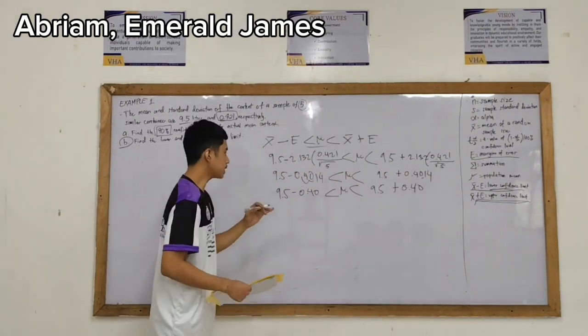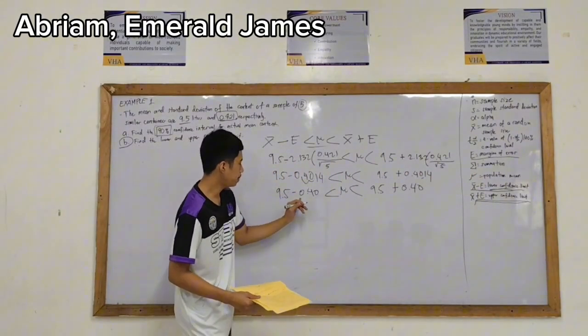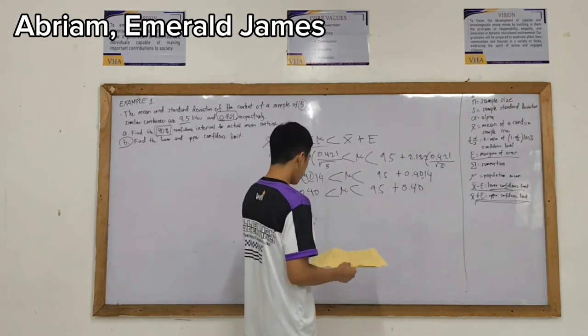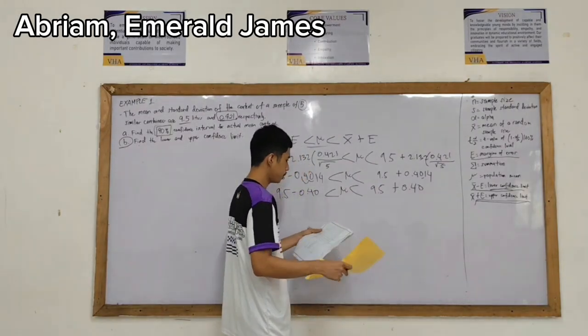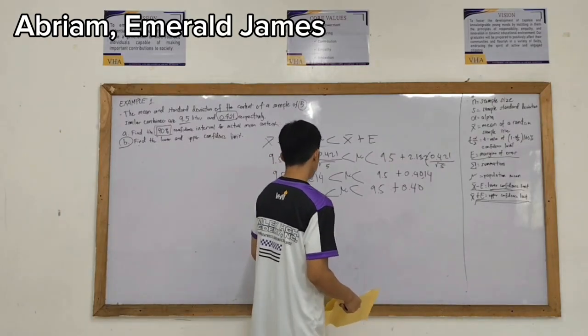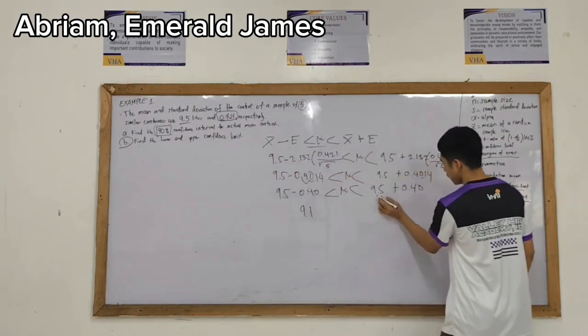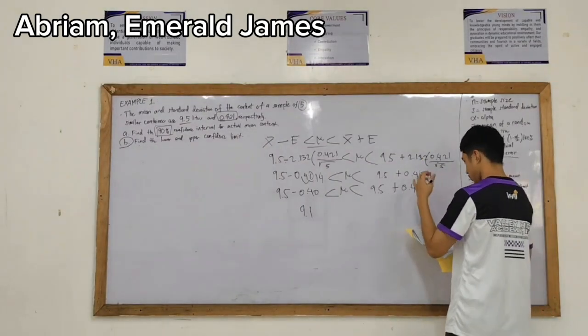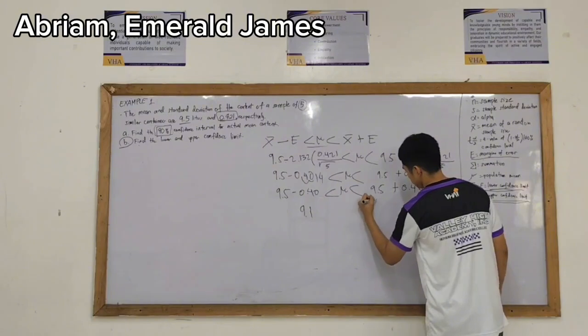And last step, 9.5 minus 0.14, which is 9.1. And on this side, 9.5 plus 0.14, which is 9.9.